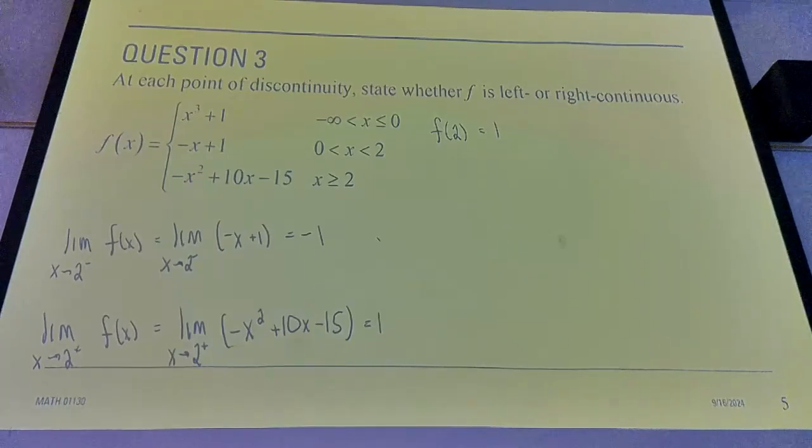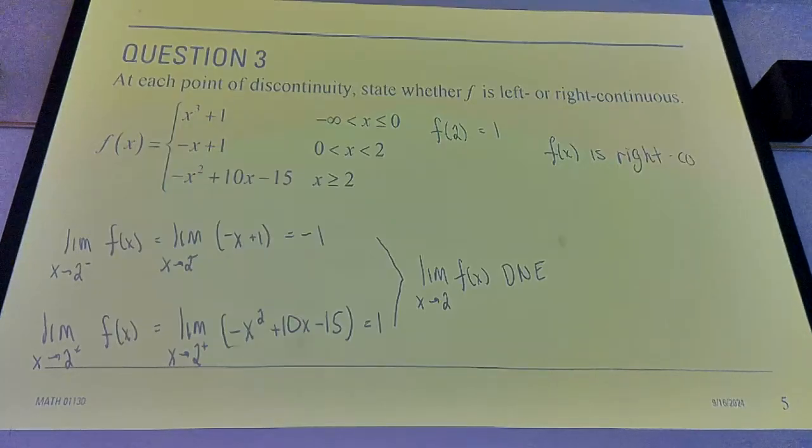No. 2 is a point of discontinuity. Right or left continuous? So right continuous at x equals 2, and it's continuous at 0.